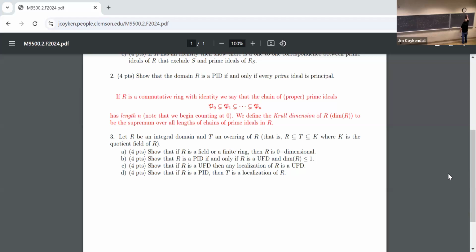I claim P1, P2, through PK, and A. I claim I can do it. The notation is suggested, let me make sure. Where the Pi's are in P. I claim I can do it now.